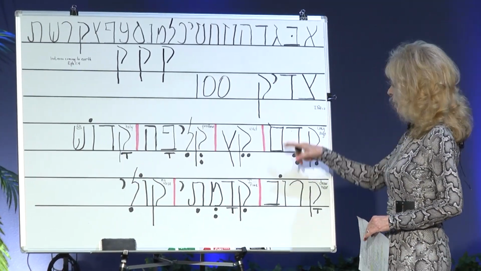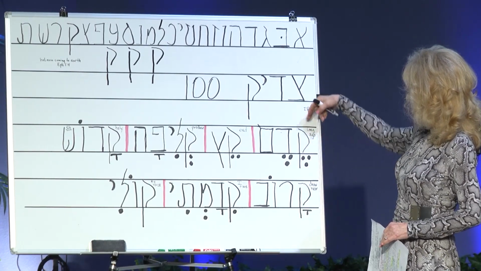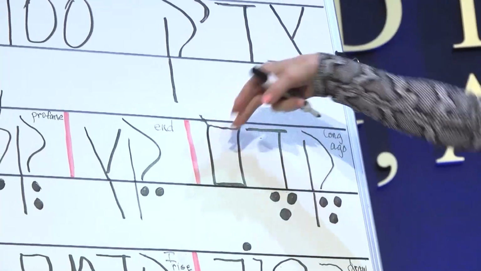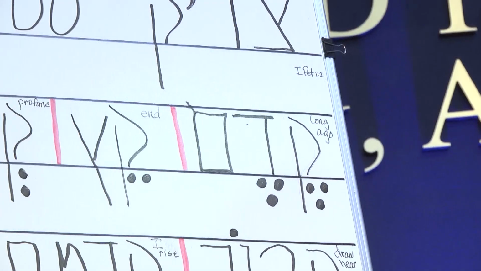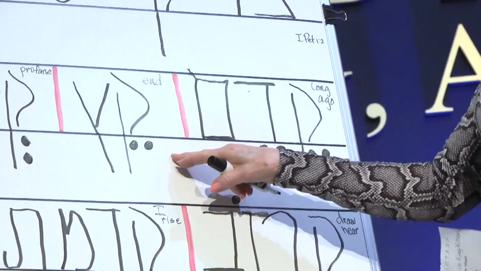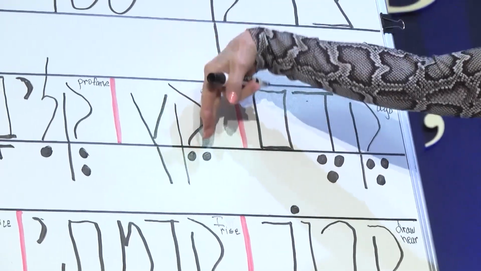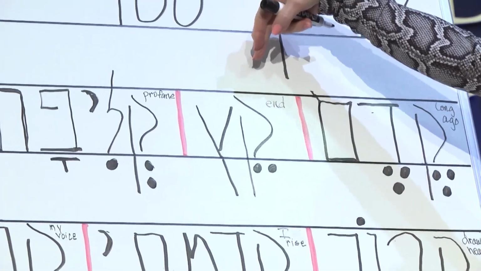Okay, so now let's read these words and see how smart you are. All right, ready? So this is the k sound, so that's going to be kedem. And that means long ago. Or east, yes. And here's another word, and it's ketz. That's the final sadi, so say it again.